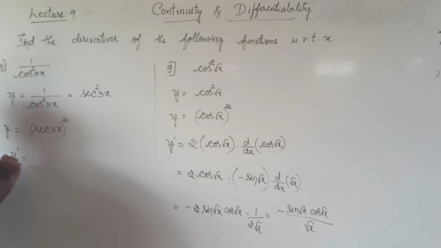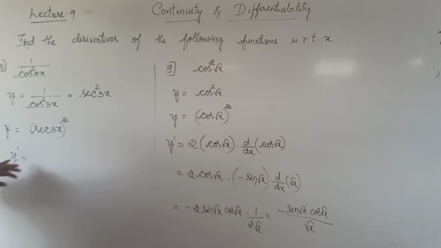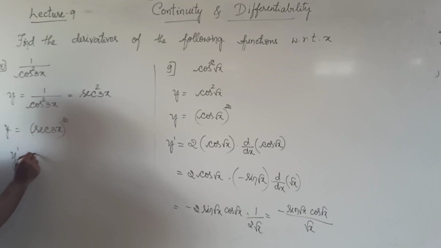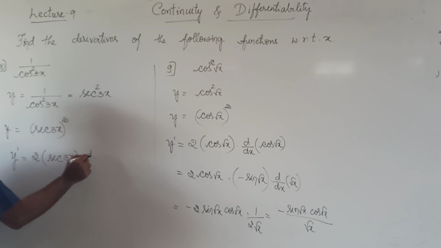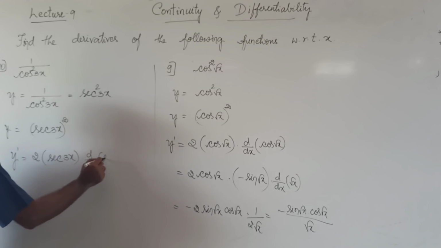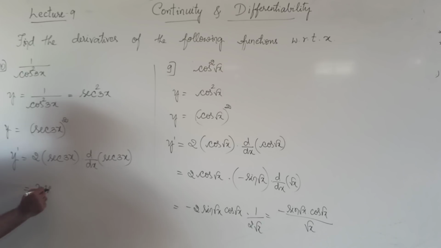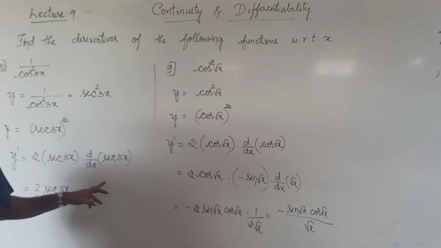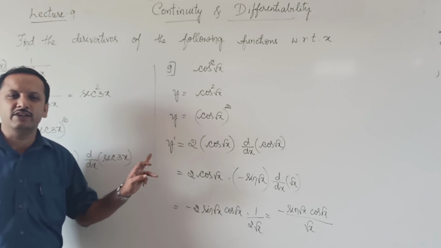Now you differentiate it. Secant 3x whole square. This looks like x square. Derivative of x square is 2x. So 2 into secant 3x into d by dx of secant 3x. That's equal to 2 secant 3x into derivative of secant 3x. Derivative of secant x is secant x into tan x.